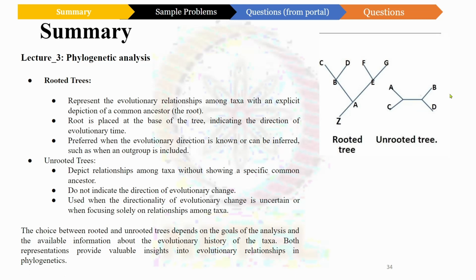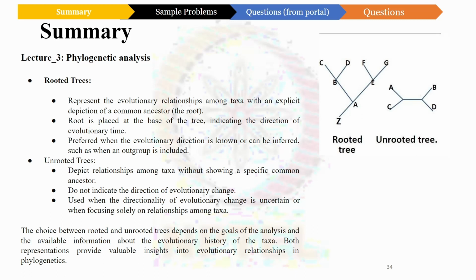But since these unrooted trees do not provide any information about the direction of evolutionary time, still they are valuable for visualizing the evolutionary relatedness among the taxa. So then a question comes: how to select a rooted or an unrooted tree? This depends on the specific goals of the analysis and the available information about the evolutionary history of the taxa under study.